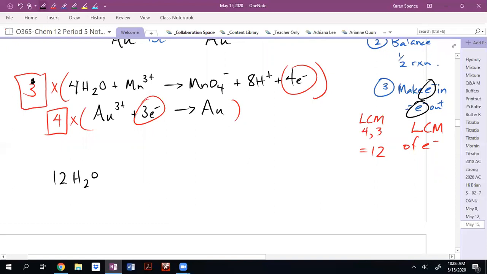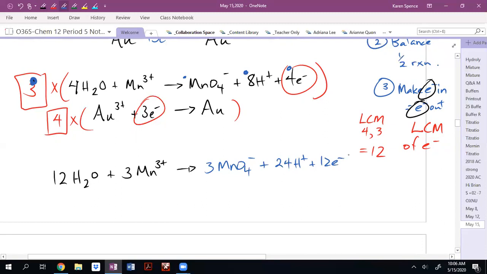And then I literally put my finger on the 3. 3 times 1 is 3 Mn3+. Why do I put my finger on it? So I don't forget to multiply one thing as I go through this whole mess, because I'm really bad at forgetting things. And then I have 3 times 1 MnO4, so that's 3 MnO4-. And then 3 times 8 is 24 H+. 3 times 4 is 12 electrons.